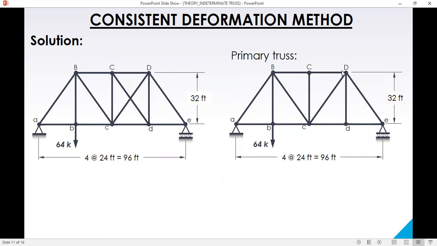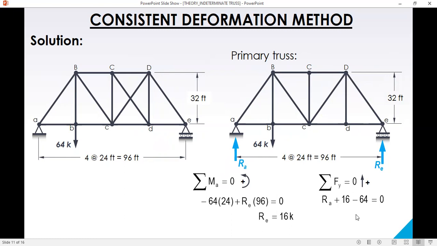Okay. So this primary truss is similar to the previous problem I already solved, using consistent deformation method. So we solve for the reactions RA, RE. Summation of moment about A, we can solve for RE. And then sum of vertical forces, we can solve for RA.